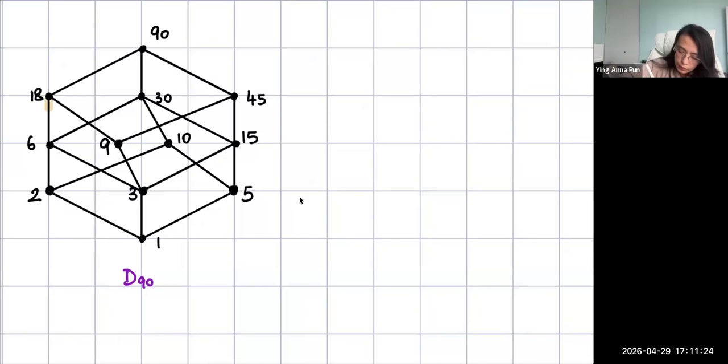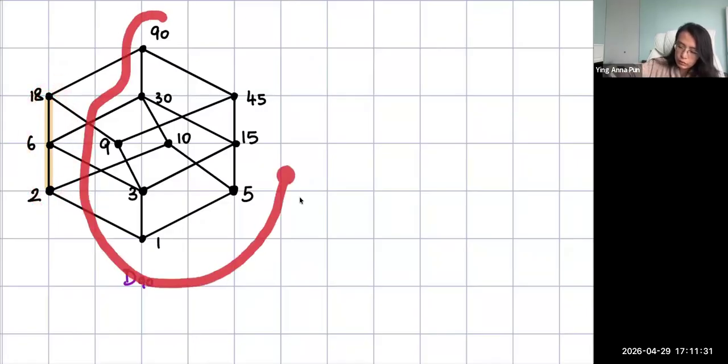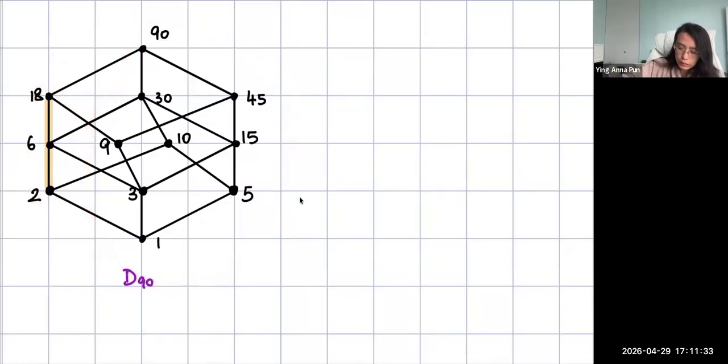This one here is saturated. Why is that? Because there's no number between 2 and 6, no number between 18 and 2, and no number between 18 and 6. So you cannot find any number here that is comparable and still makes a chain with all three of them.